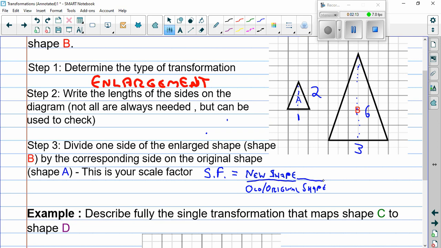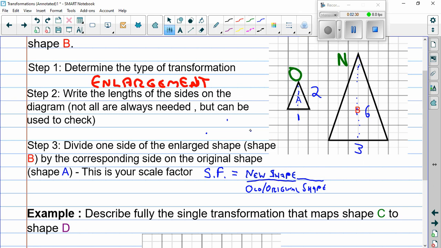So I always try and tell people if they're confused, label your new and your old, right? Your new is always going to be what it transforms into, right? So we're going from A to B. So we do new over old to calculate.